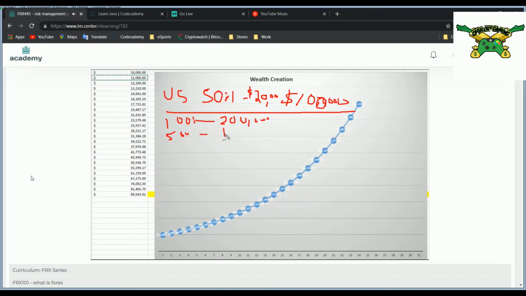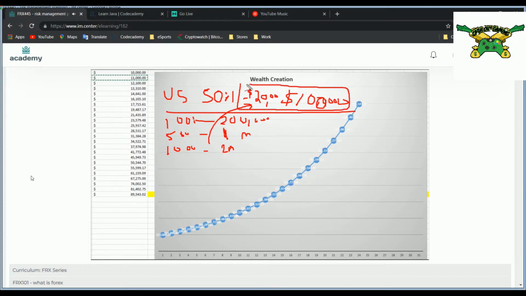You got 1 million right here. And then you got some of these brokers that allow you to do 1,000 to 1. And that gives you $2 million leverage on $2,000.